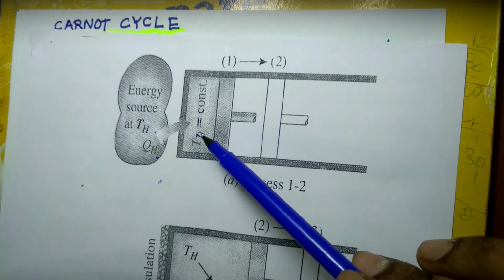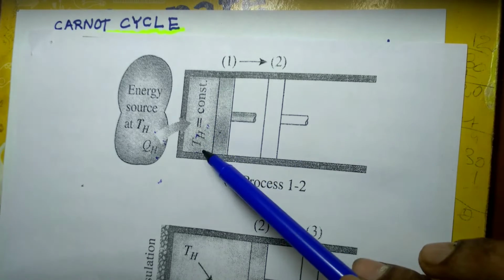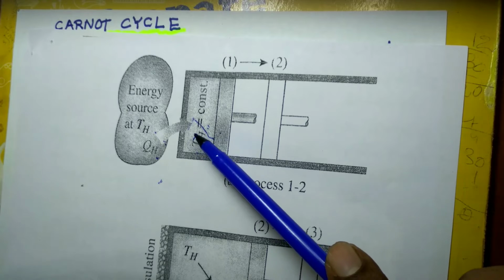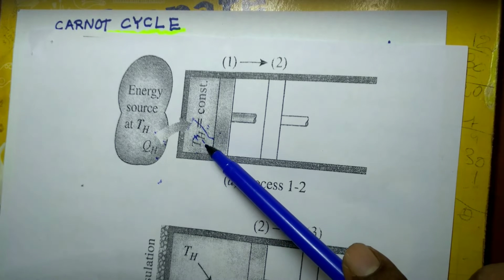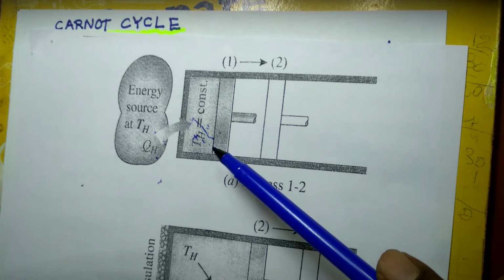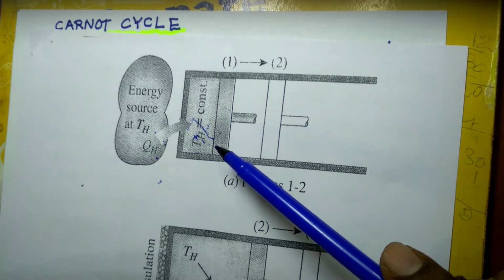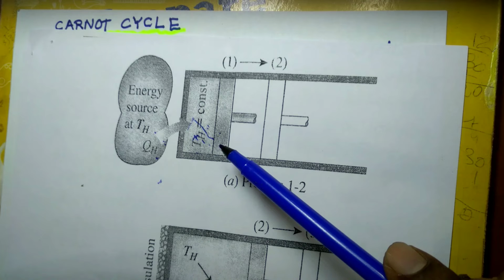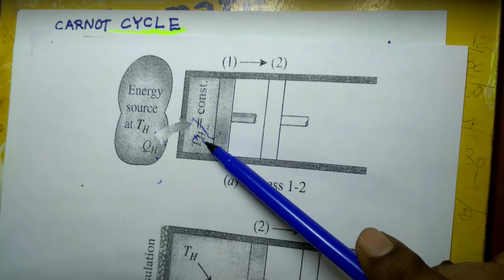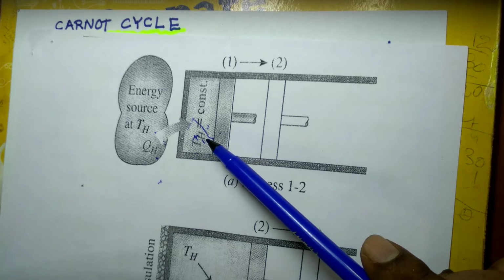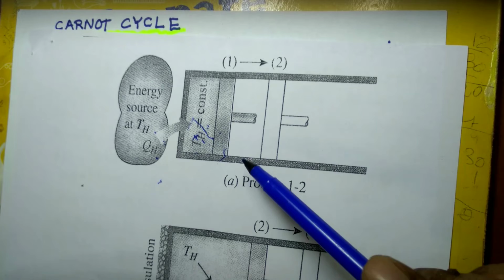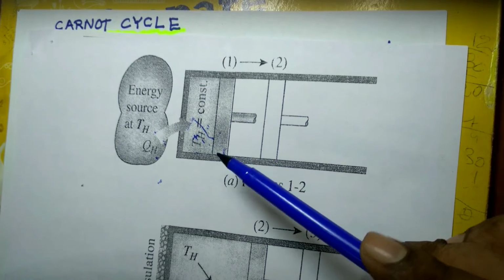If this gas expands slowly, all these processes will occur slowly, so they can be considered reversible, quasi-equilibrium, internally reversible processes.